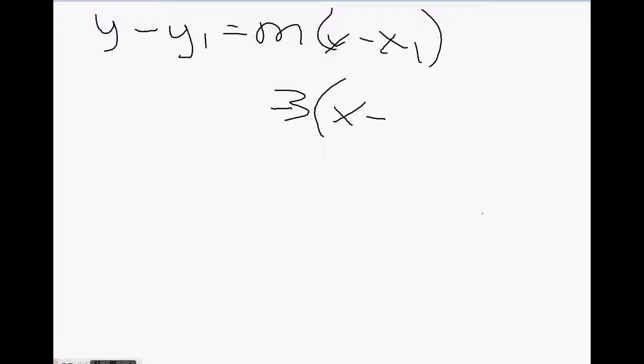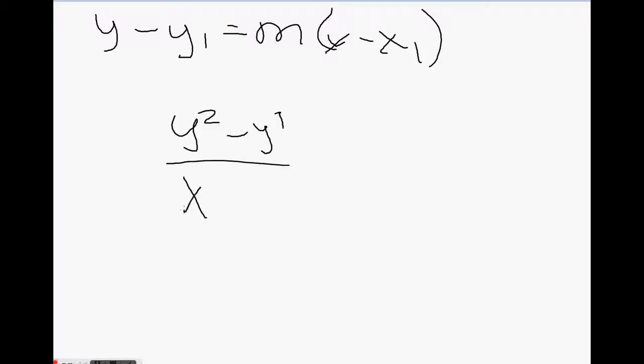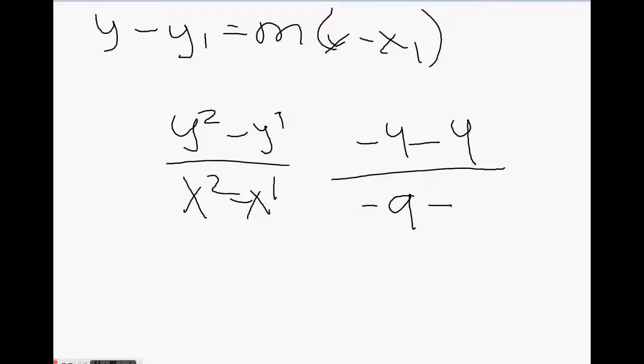In this case, we have 2 points. So we have to find the slope, which is y2 minus y1 over x2 minus x1. y2 in this case is -4, minus y1, which is 4, over x2, which is -9, minus x1, which is 3.